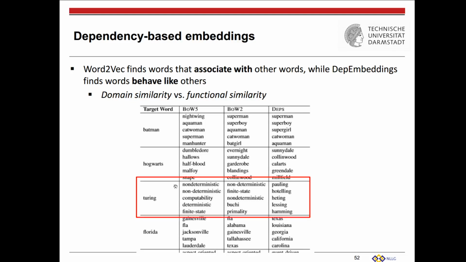And we can look, for example, similar as before, at the CBOW model with a context window of 5 and a context window of 2. We find that the nearest neighbors of Turing are non-deterministic, in different writing forms, computability, deterministic, finite state. Whereas with the dependency-based model that exchanges the window-based context with a context that depends on the dependency structure of the sentence, we find words like Pauling, Hotelling, Hating, Lessing, Hemming.